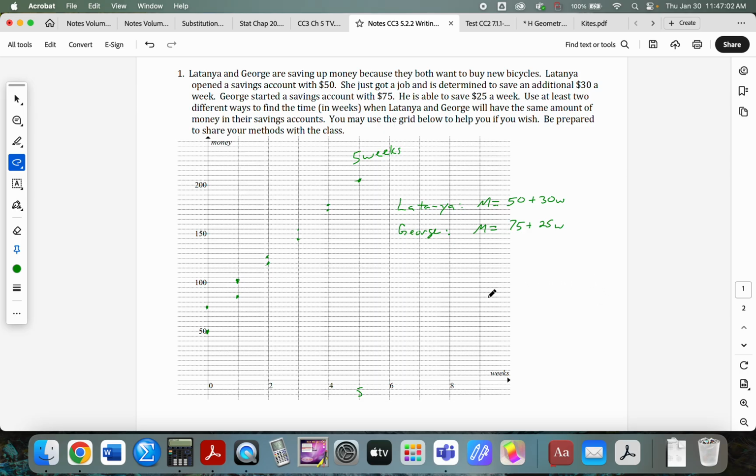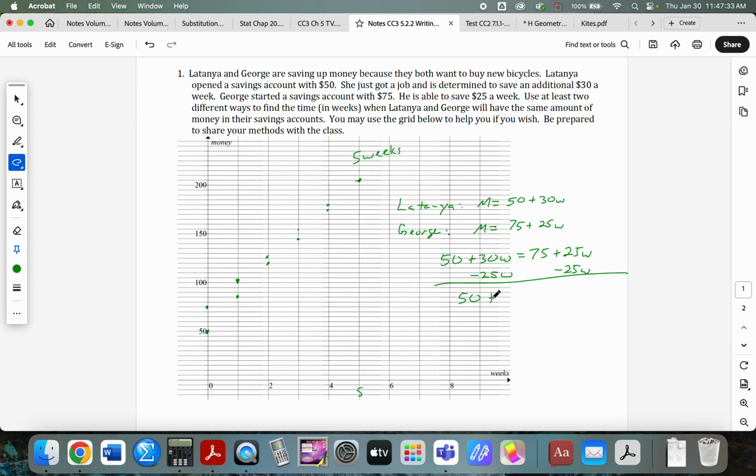And we want to see where those two are equal. So I'm just going to make them be equal to each other. 50 plus 30W is equal to 75 plus 25W. By the way, if you went straight to this equation, I'm good with that, instead of writing the two separate ones. So I always move the variables around first. So I'm going to subtract 25W from both sides.